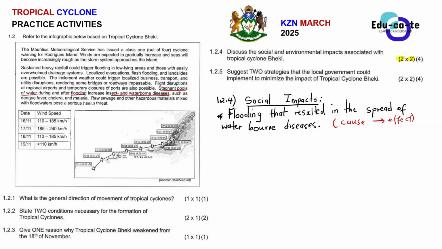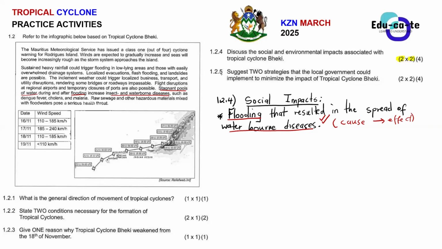Flooding is the thing that happened, and what did that flood result in? It resulted in the spread of waterborne diseases. That will give you 2 marks. Don't just write there was a spread of waterborne disease. That's more like the result or the effect, but what caused it is important as well, because you are discussing. That's why it is worth 2 marks per point.